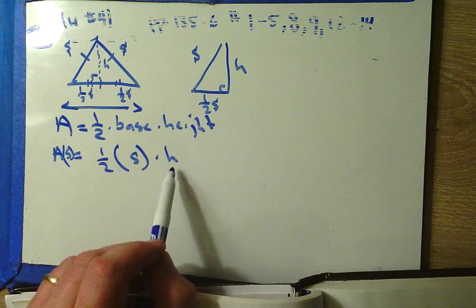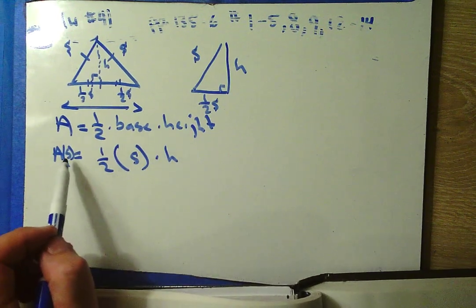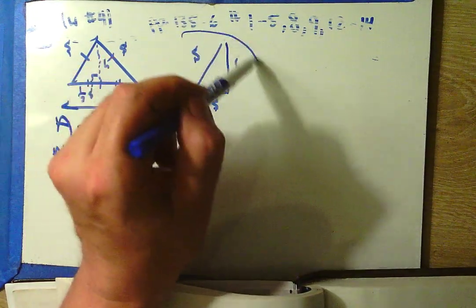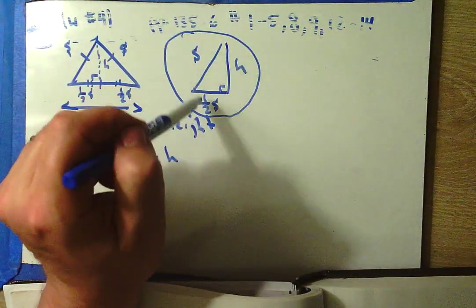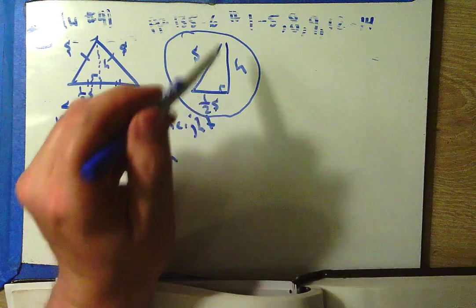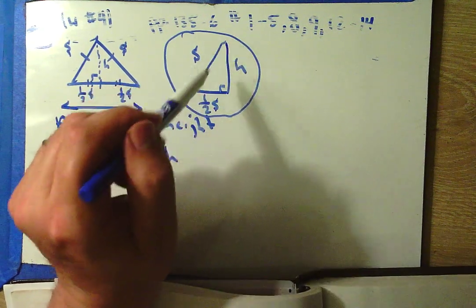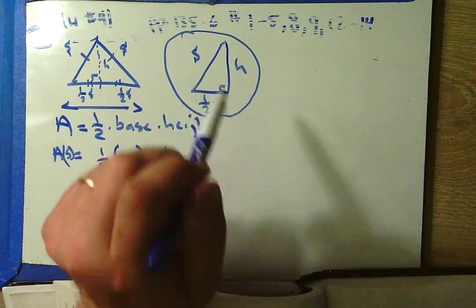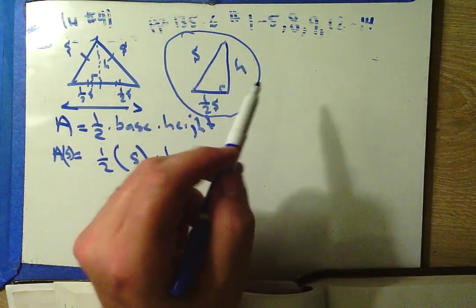So I'm going to have to get rid of this h and replace it with some s stuff. Can we get a helping equation? Well, back to this picture. Is there a relationship between s's and h's? Yes, there's a trig one, but no, I don't know the angle, so I don't want to go near the trig one. Instead, I want to use the Pythagorean theorem here.